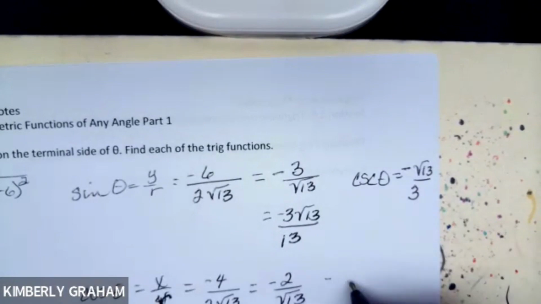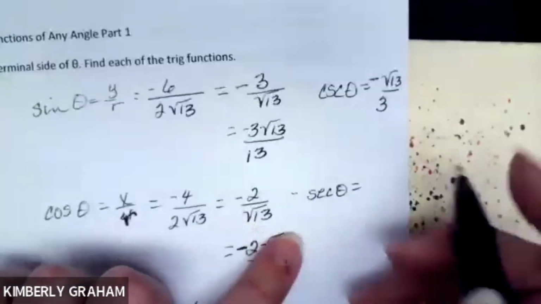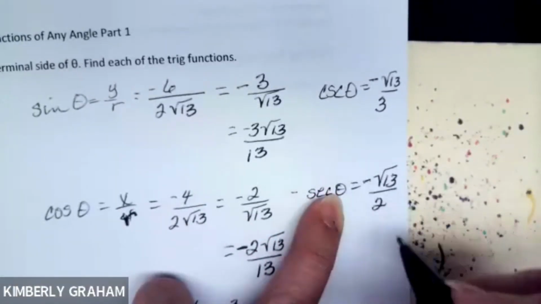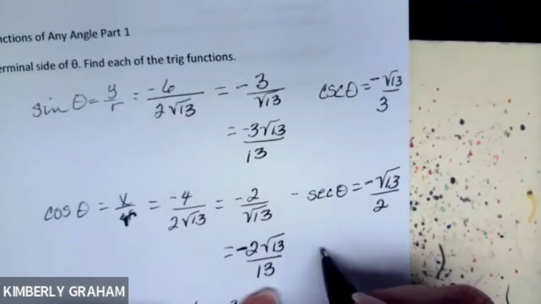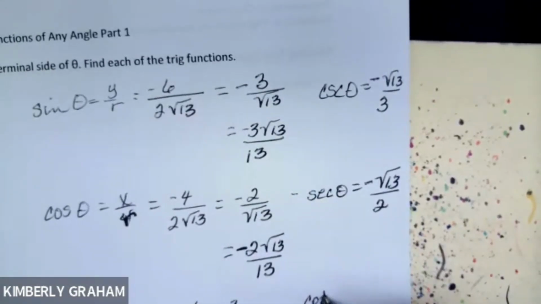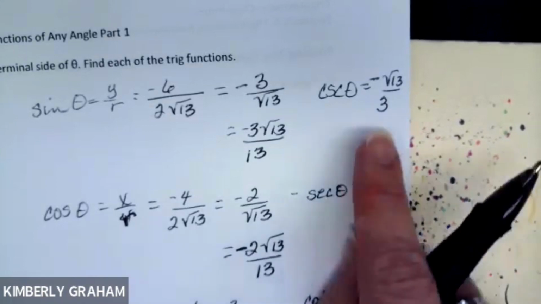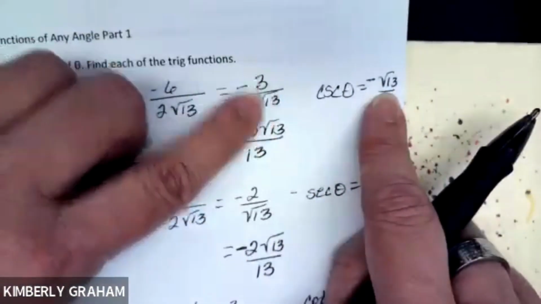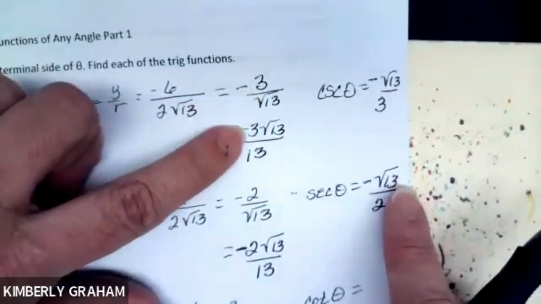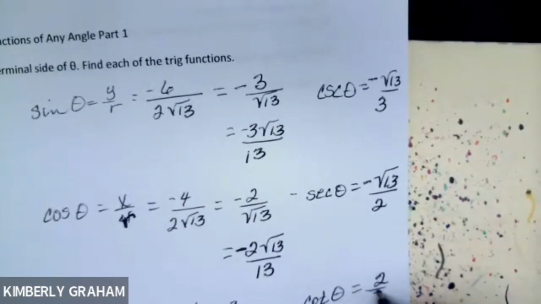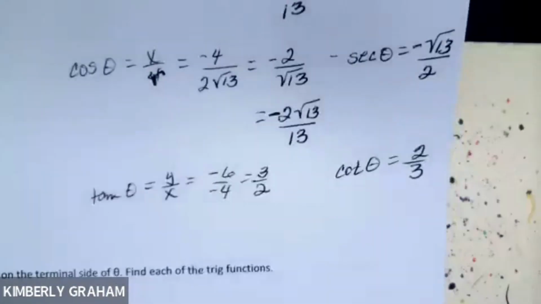This is going to be secant that I'm trying to figure out, and secant is going to be negative square root of 13 over 2, and cotangent is going to be, let me back up. The way that I got these numbers was just the reciprocal of those. Just turn these upside down, right? Turn this upside down. So here I'm just going to turn this upside down. So 2 over 3. Those are your reciprocal identities.